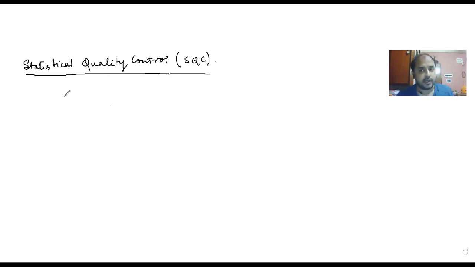In statistical quality control, two important things, as you will see in the note. In this particular part, we actually try to control two different things.